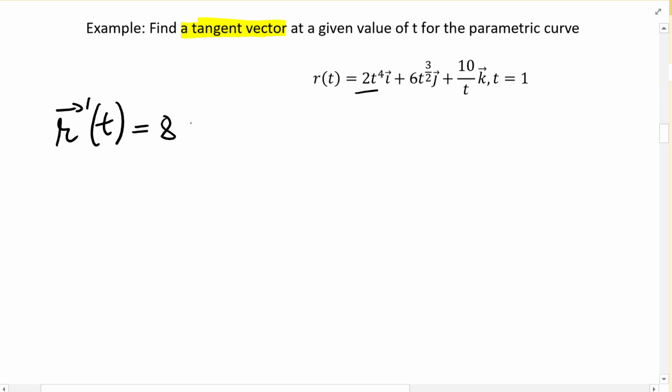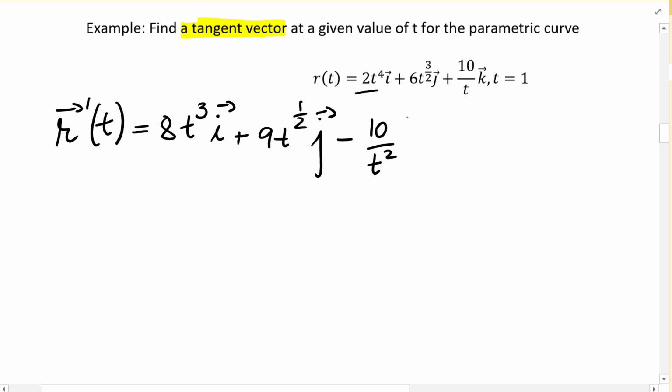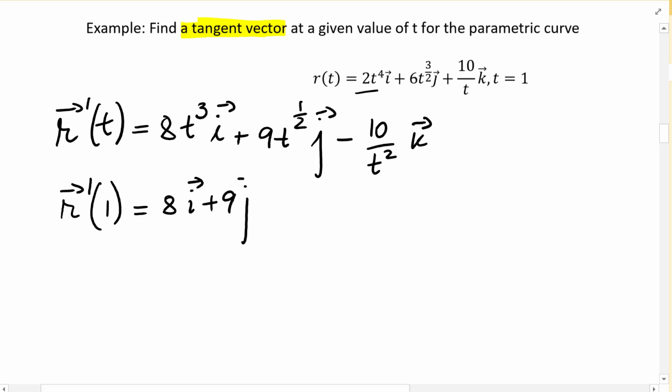So 8t to the third i plus 6 times 3 over 2, that's 9t to 3 over 2 minus 1, that's a half, j, minus 10, and 1 over t prime is negative 1 over t squared, so minus 10 over t squared, k. And we want to evaluate this at 1, so we get 8i plus 9j minus 10k, or 8, 9, negative 10.